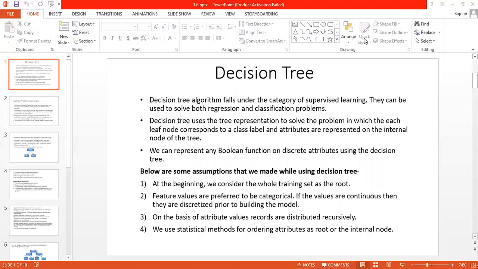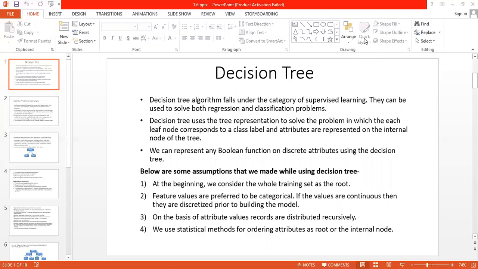Below are some assumptions that we make while using decision tree. At the beginning, we consider the whole training set as the root. Feature values are preferred to be categorical. If the values are continuous, then they are discretized prior to building the model.